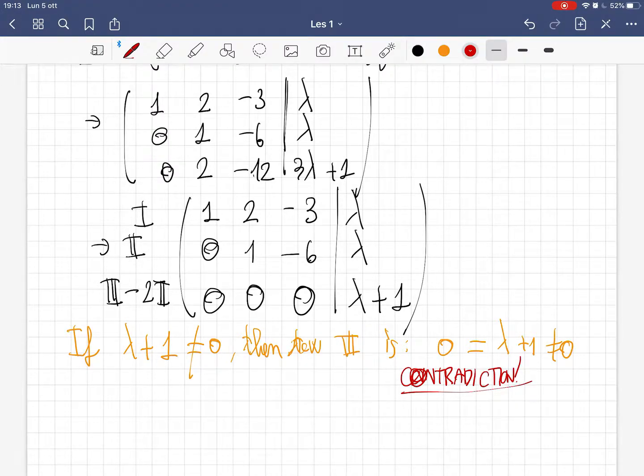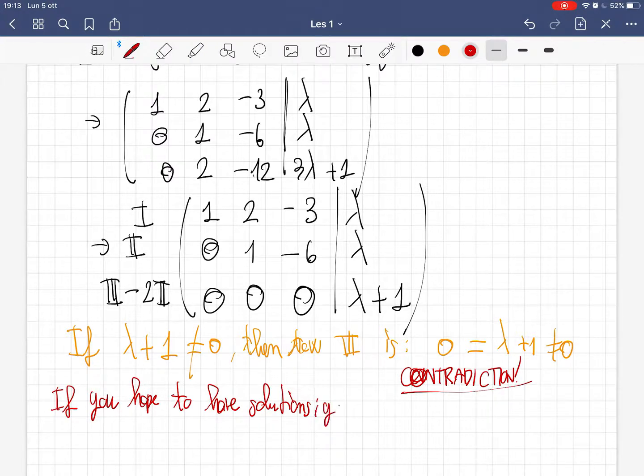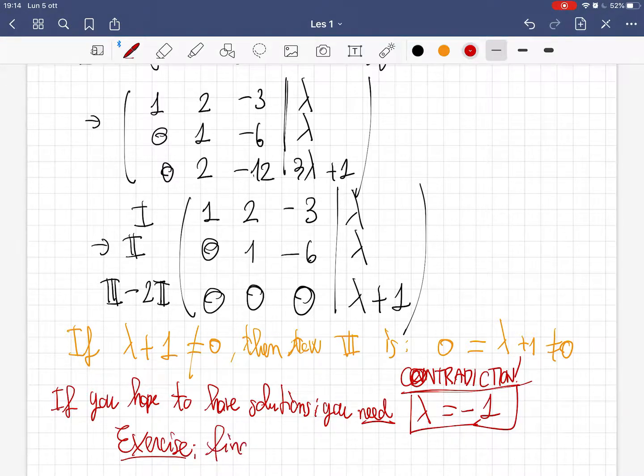So if you hope to have solutions, you need lambda equal to minus 1. And as an exercise, find the solutions in this case.